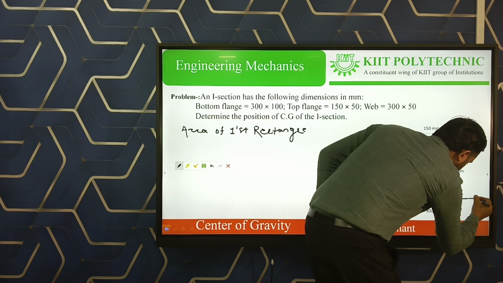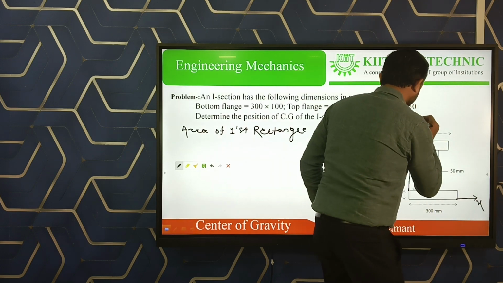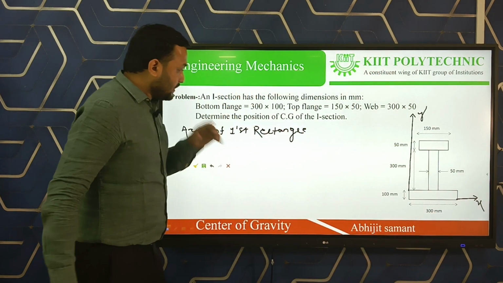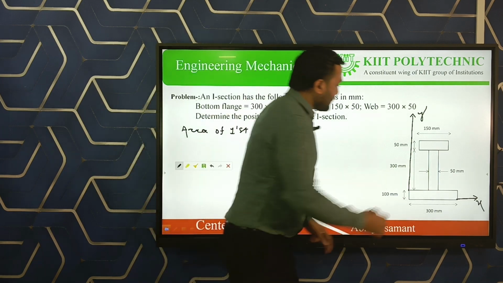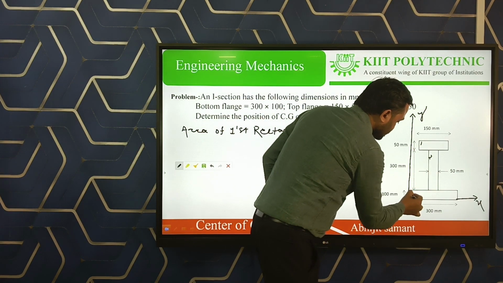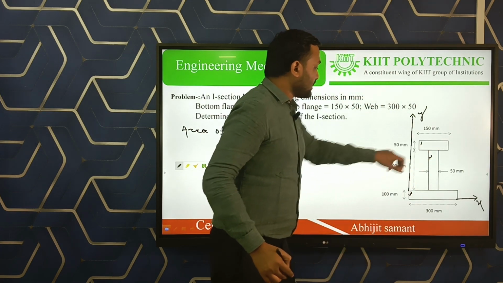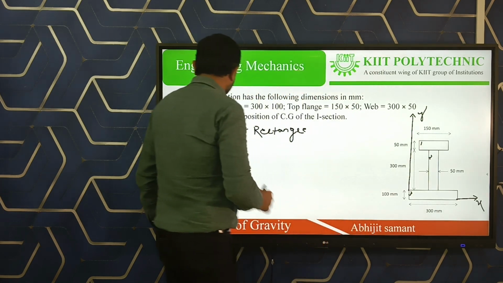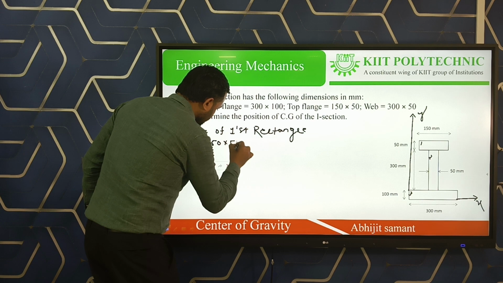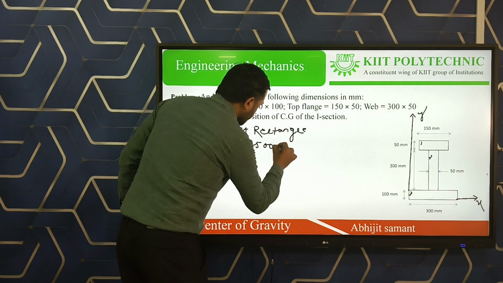So your first rectangle is here, second rectangle is this one, and third rectangle is this one. The area of the first rectangle is 150 into 50, that is your 7500 mm square.